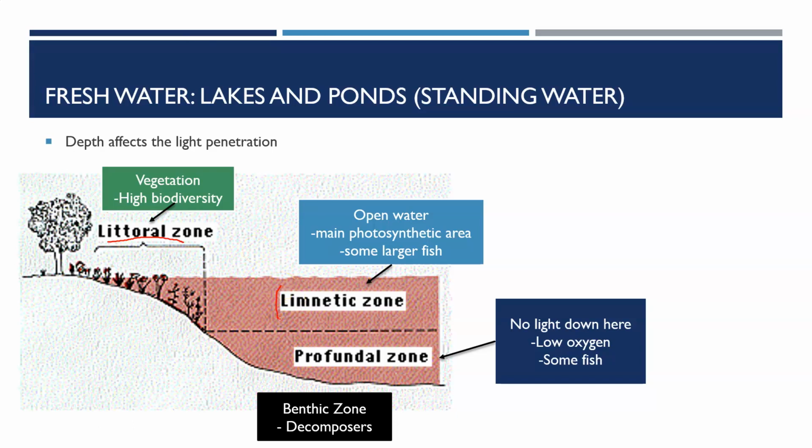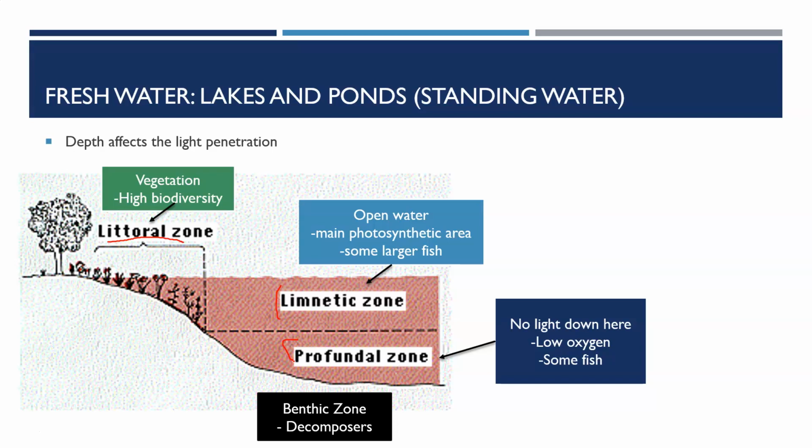So this is our open water. It's where a lot of photosynthesis happens. You may find some larger fish, but because this is the open water, there's not the safety of the shores and all the vegetation, so there's not as much diversity. And then we've got what's called the profundal zone down here below the limnetic zone. This is where the light can't penetrate, so we said the depth affects the light penetration.